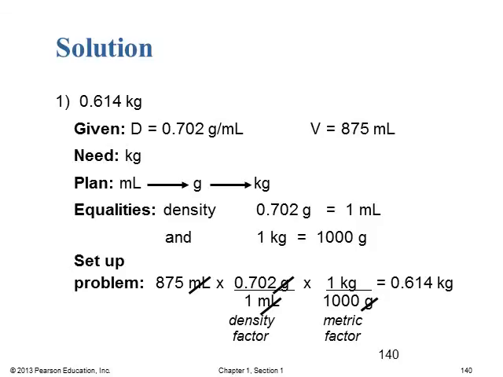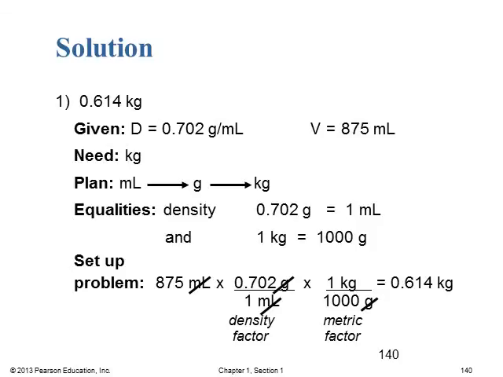The density can be used as a conversion factor, 0.702 grams is equal to 1 milliliter, and 1 kilogram is equal to 1,000 grams. We want milliliters to cancel out, and then grams to cancel out, leaving kilograms. So we have 875 milliliters times 0.702 grams per milliliter.